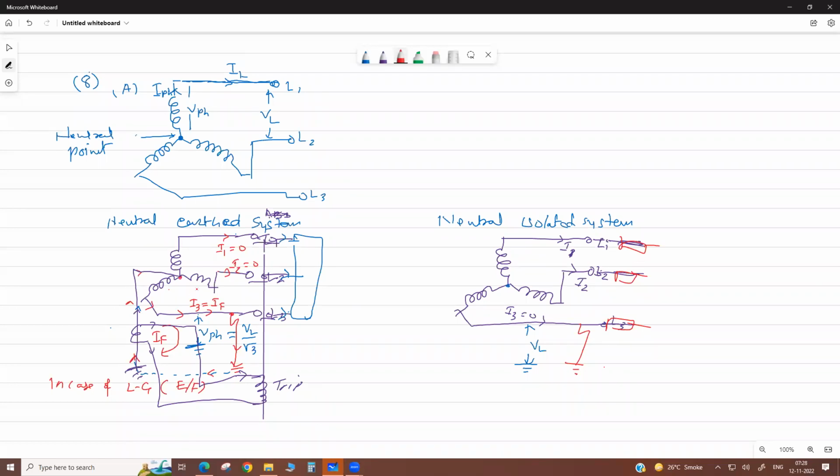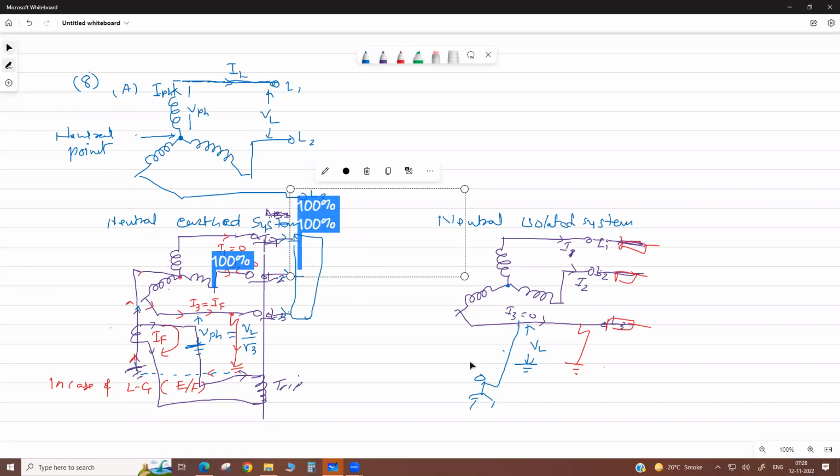Now, what is the advantage and disadvantage? In an earth system a person gets an electric shock. But here, suppose a person comes in contact with a line, then no current flows, due to the high resistance of ground and the body of the person. No leakage current is passed.